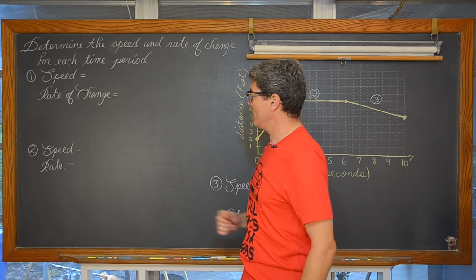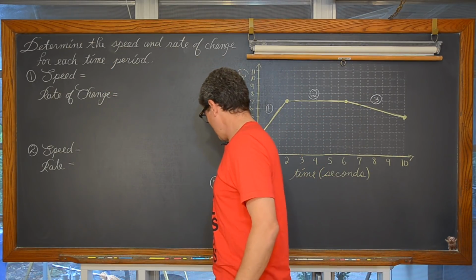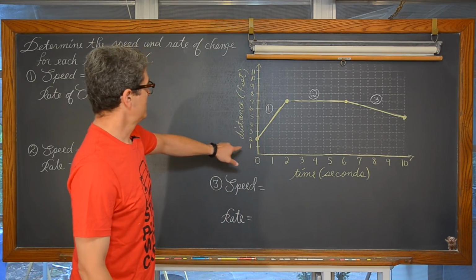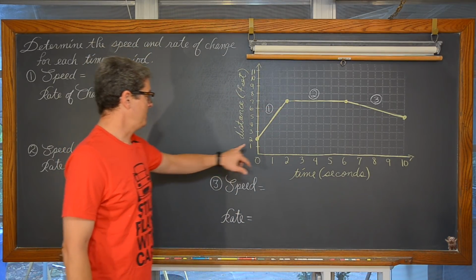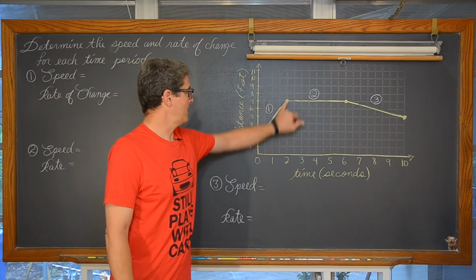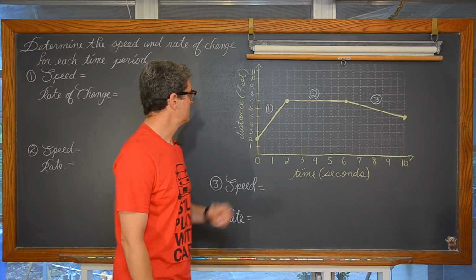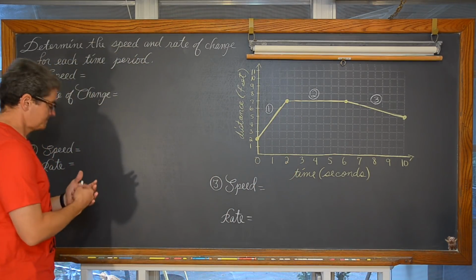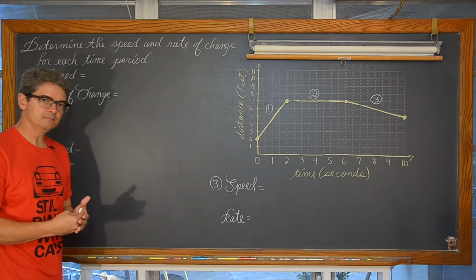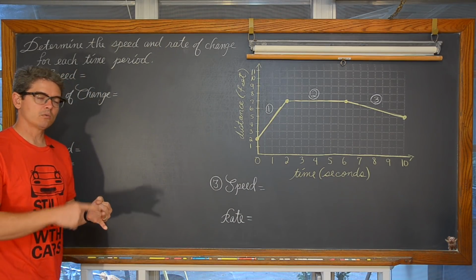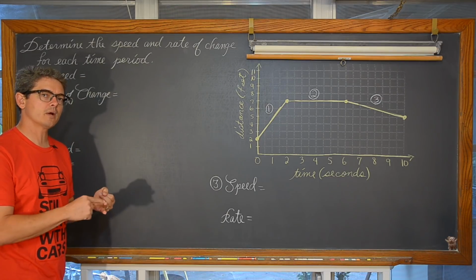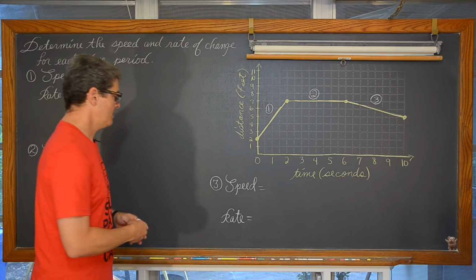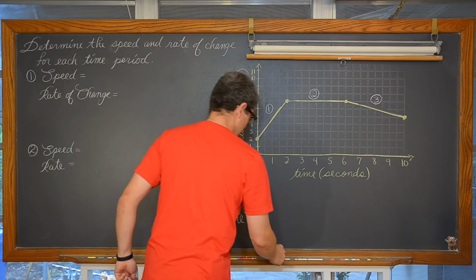So question number 1, what's the speed and what's the rate of change for this moment in time between time 0 and time 2? Well, whether it is speed or rate of change or whether you're calling it slope, it is rise over run, which is a very nice way of hearing this and seeing this when you're looking at a graph.